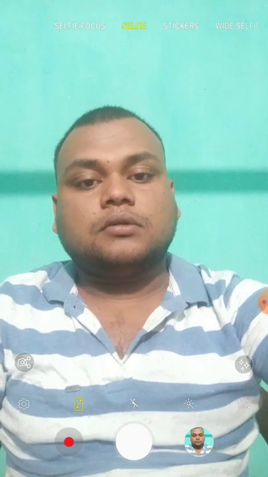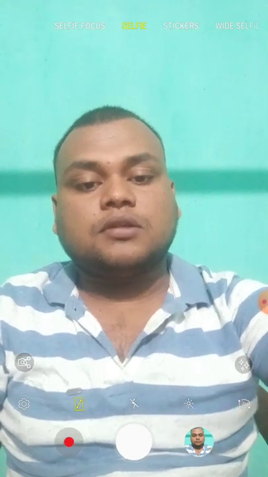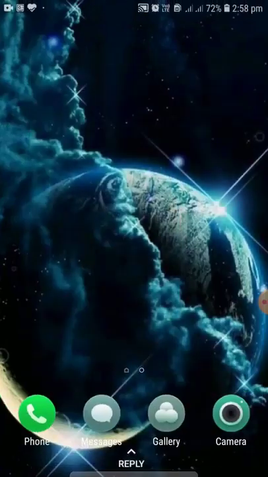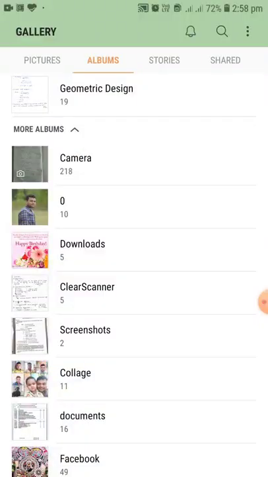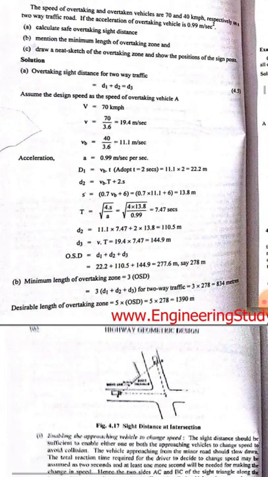In the last class we studied the problems based on the overtaking sight distance. Let us start. There is a problem based on the overtaking sight distance: the speeds of the overtaking and overtaken vehicles are 70 and 40 km per hour respectively on a two-way traffic road.